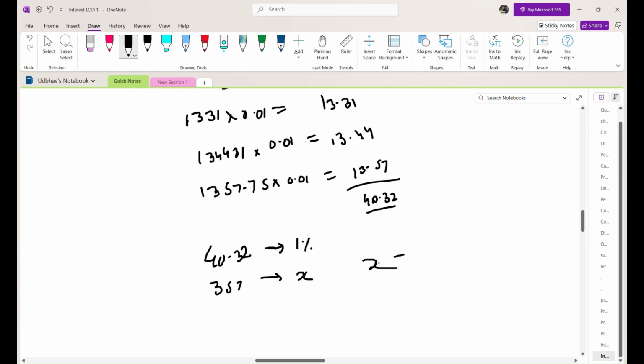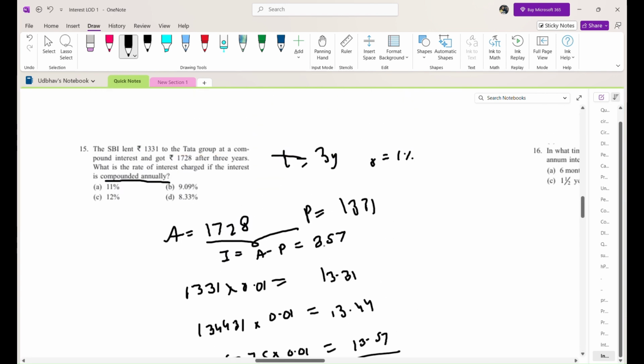So x equals 397 upon 40.32, which is around 8.85%. So yeah, it's pretty approximated.